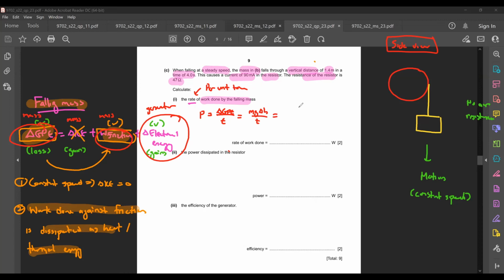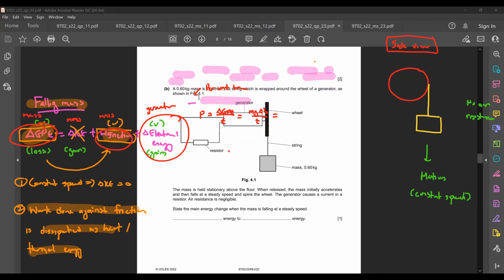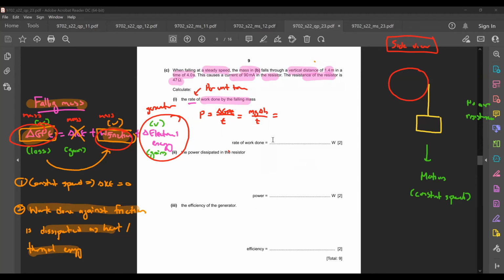This one will be, did they give you your mass? Yes, they give you 0.6. This one will be 0.6 times 9.81 times a distance of 1.4 divided by time of 4 seconds.